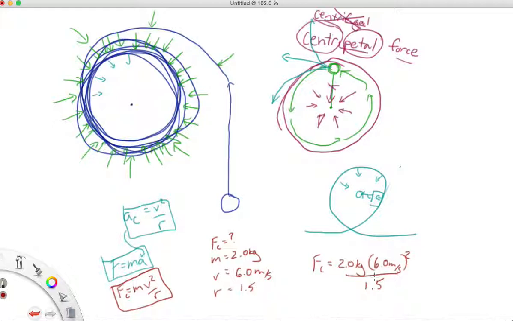I put that in my calculator, and you should get 48. That's the force. And what's the force in? It's in newtons. So it's going to be 48 newtons. We've got 2 significant figures, so that's good.